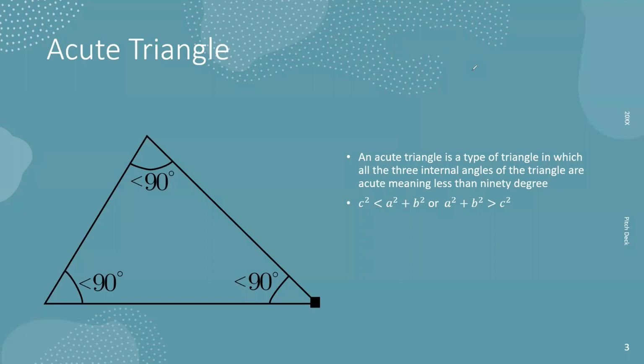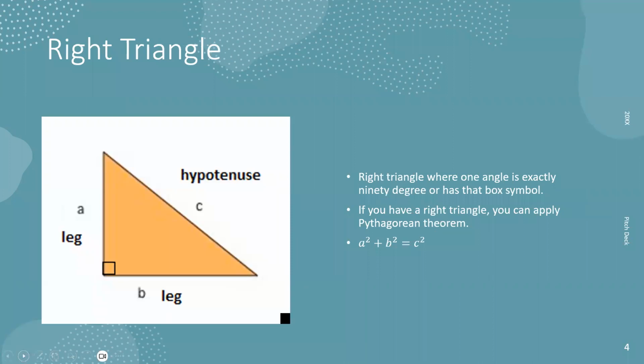Let's move on. Here we have a right triangle. So how do you know you have a right triangle? A right triangle is where one angle is exactly 90 degrees or has that box symbol. If you see that little box symbol, that's definitely a right triangle.